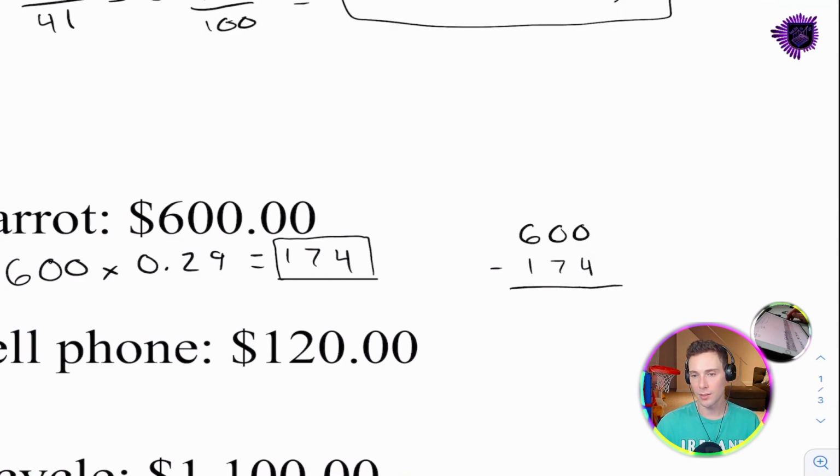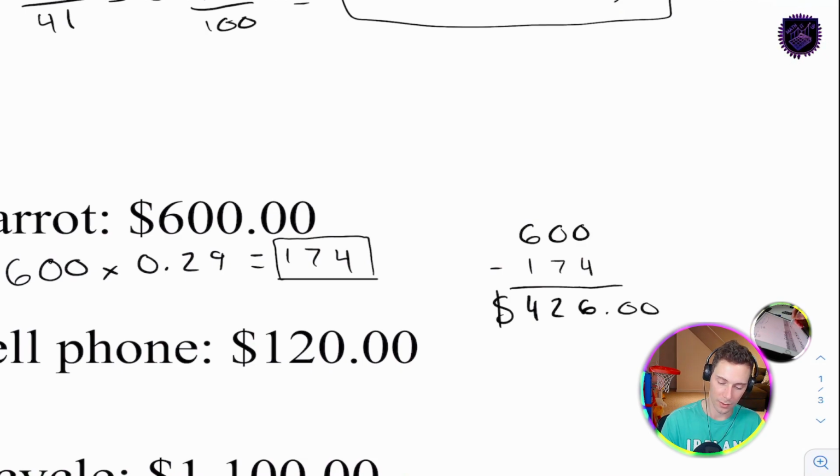So 600 minus 100 is 500. 500 minus 70 is 430. 430 minus 4 is 426. I do it this way because there would have been borrowing, and I just don't want to deal with borrowing. Of course, some people have better strategies. Don't hate. So $426 is our final price here after discount.